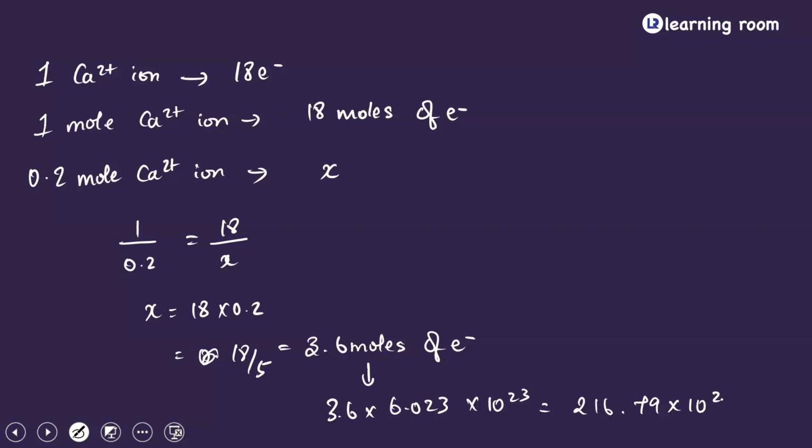Now write it in scientific notation: 2.168 into 10 to the power of 24 electrons are there in 0.2 moles. Is that clear? Did you all understand?